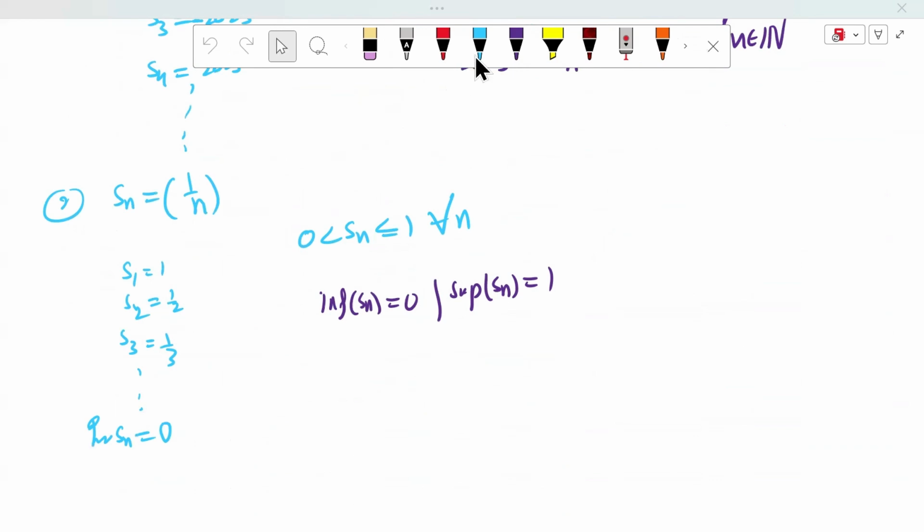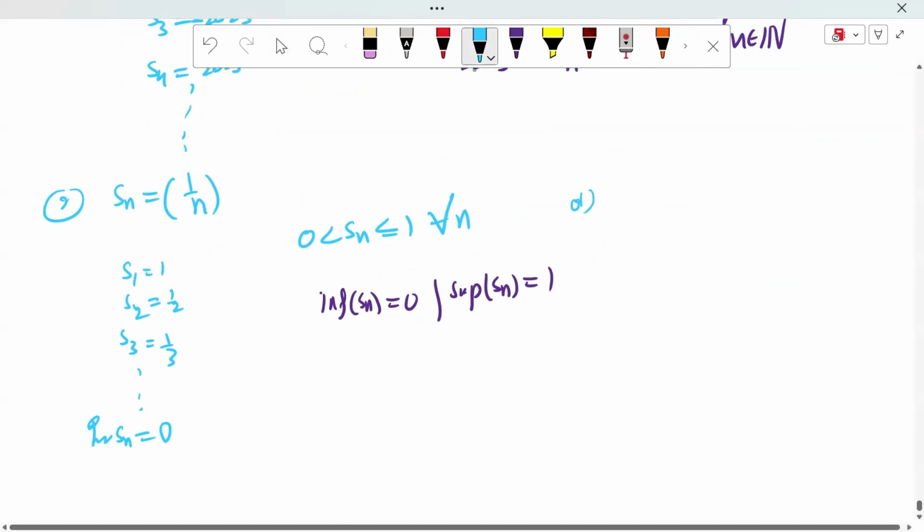It can be written as modulus Sn is less than or equal to 1 for all n belonging to natural numbers. Therefore, this sequence is a bounded sequence.